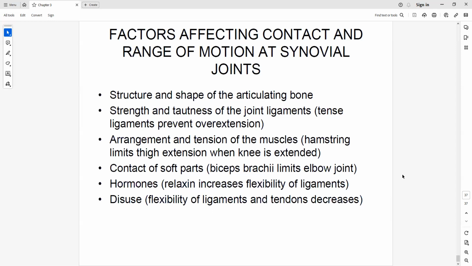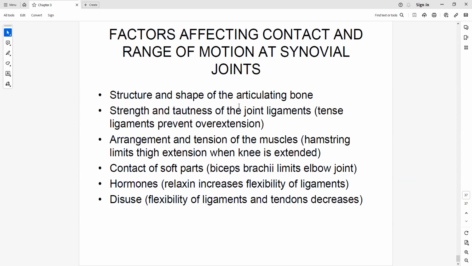A lot of the times after a fracture of a bone, some kind of a tendon injury, or some other surgical intervention, the range of motion decreases, and physical therapy goes a long way to return the bones into this range of motion. So this is the tremendous importance of physical therapy.